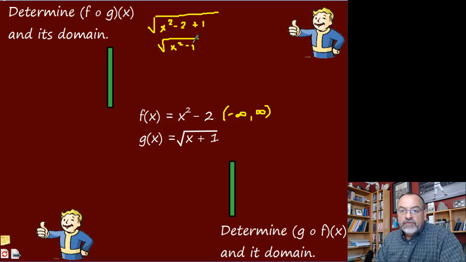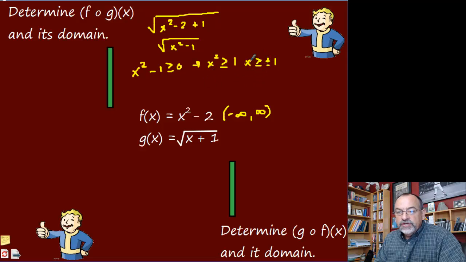Now as we consider this is a radicand, x squared minus 1 must be greater than or equal to 0, which means x squared must be greater than or equal to 1. So x must be greater than or equal to plus or minus 1, taking the square root of both sides.